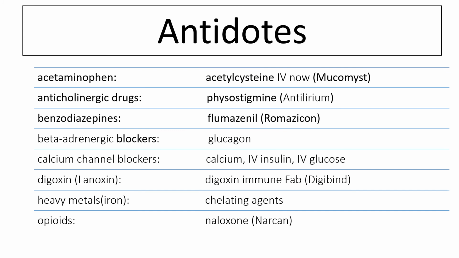Okay, so acetaminophen. So acetaminophen is a very safe drug unless taken in toxic amounts, and that's typically more than 4 grams in 24 hours. And it doesn't take a lot of acetaminophen to harm the liver.